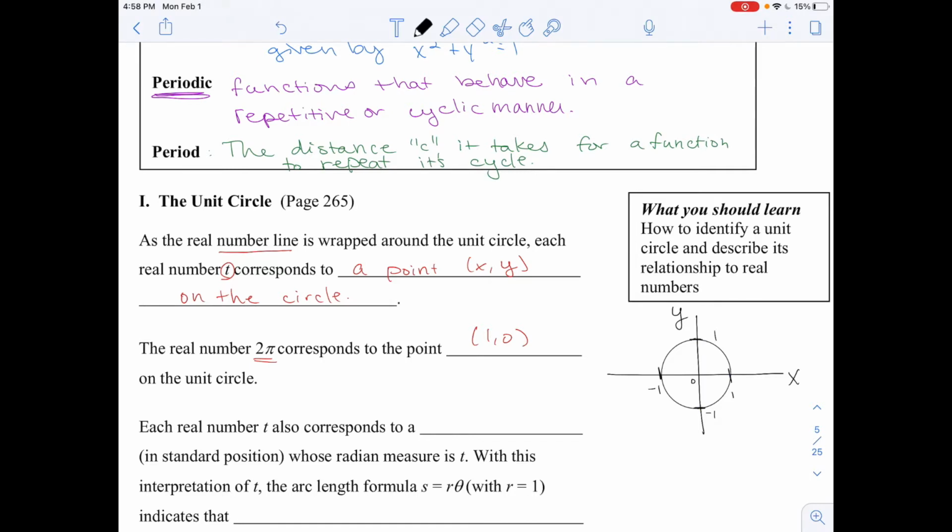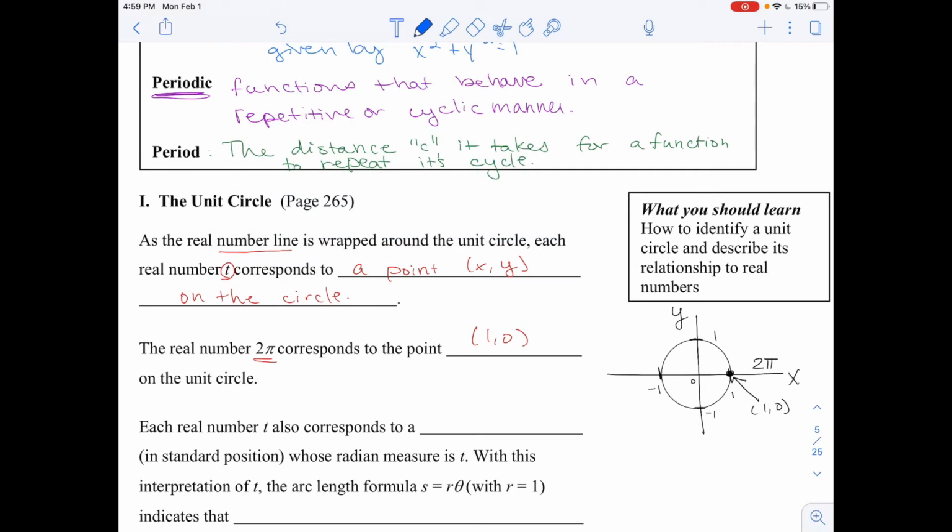Remember we said that the initial point is 0 degrees, but it also comes back around and is 2 pi. It corresponds to the point 1 comma 0, because if we were to graph that circle, that's on the point 1 comma 0.